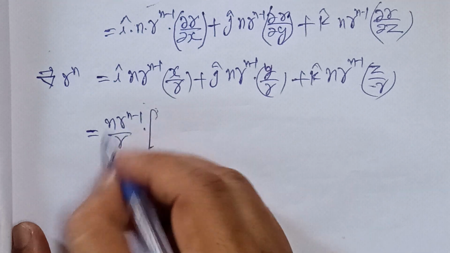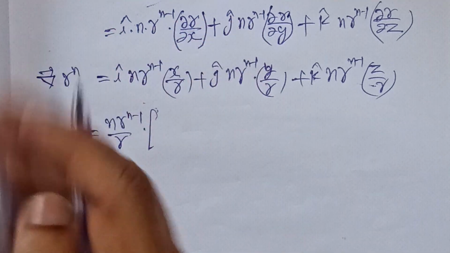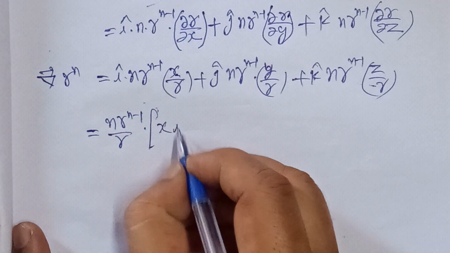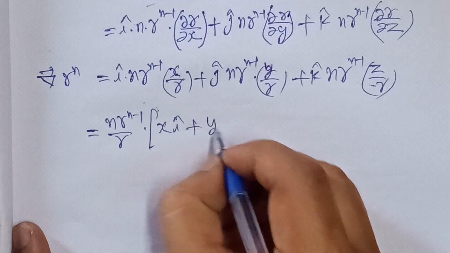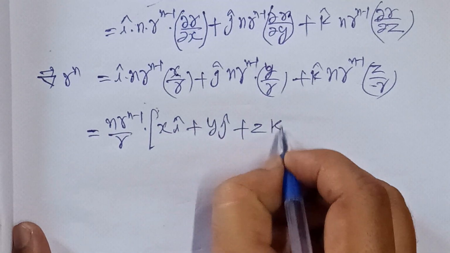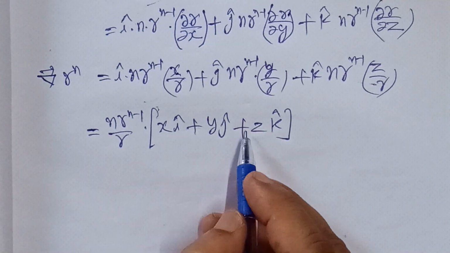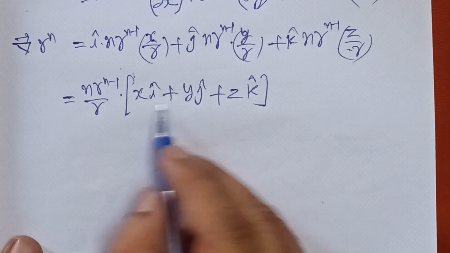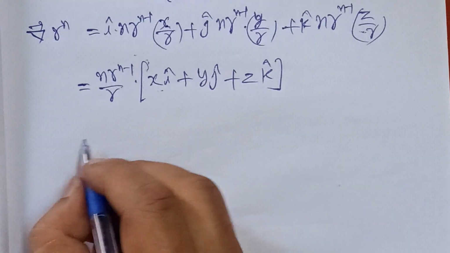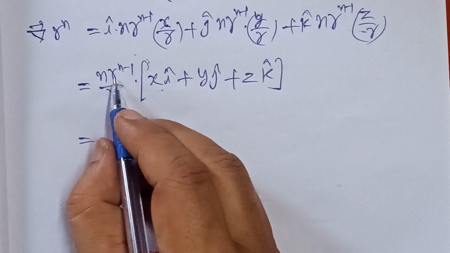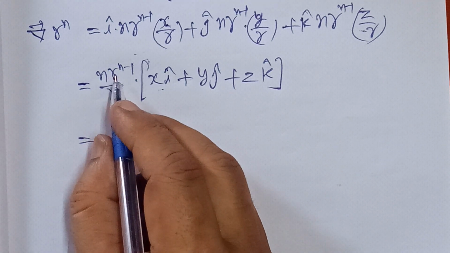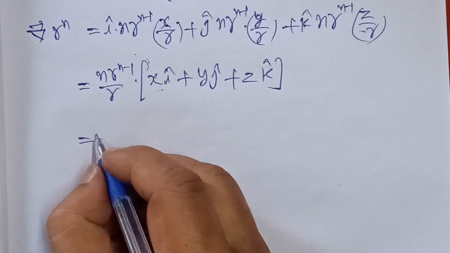After taking this common outside the bracket, we get x i cap plus y j cap plus z k cap. But we know that this is equal to vector r, so I write this equal to vector r. We know that when the bases are equal, then on division the powers must be subtracted.